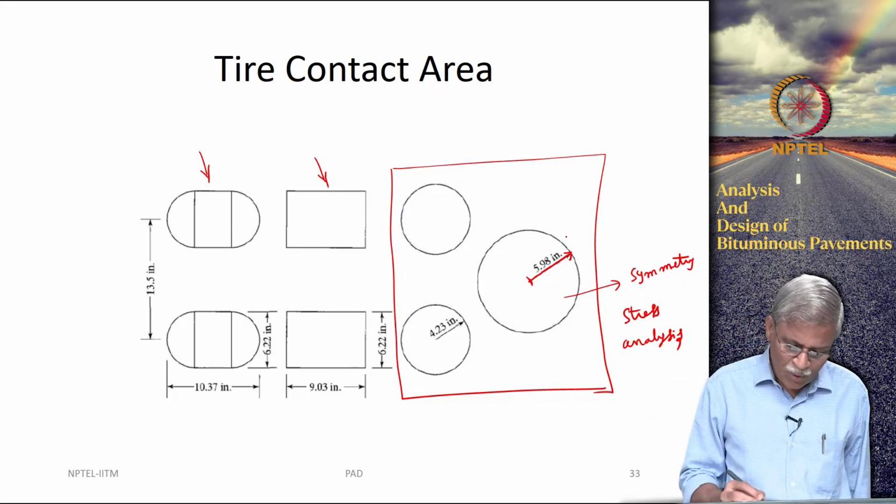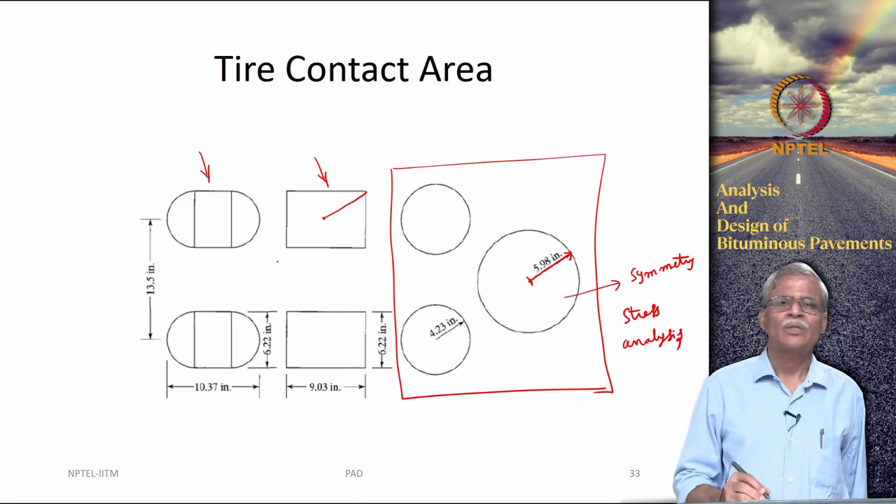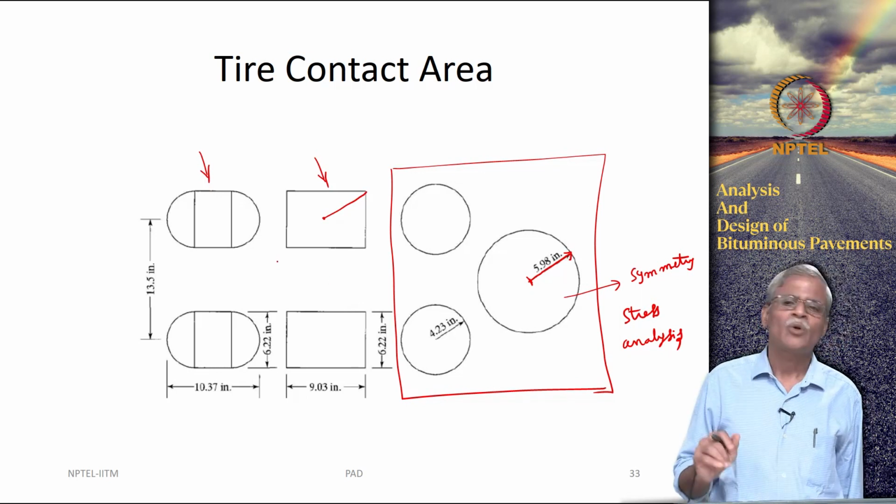If I use, let us say, something like this rectangle, since there is no symmetry here, I need to compute the stresses and strains in a lot more complicated way.